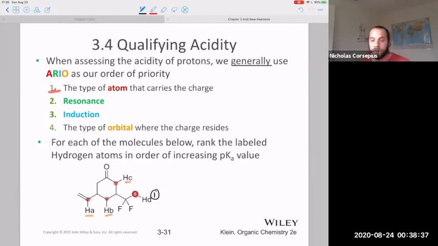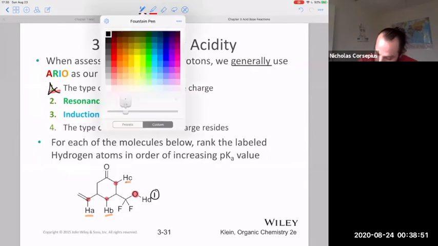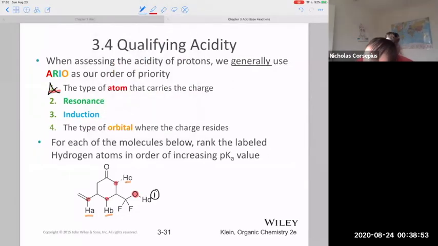They're all bound to carbons, so I can't use this type of atom rule. I have to move on to the next one. So are any of these going to be resonance stabilized? Maybe this would be easier to see if I replaced each of these with a lone pair. Which one of these is resonance stabilized?